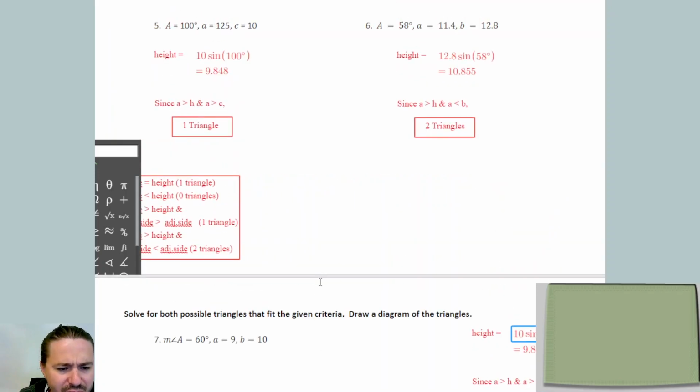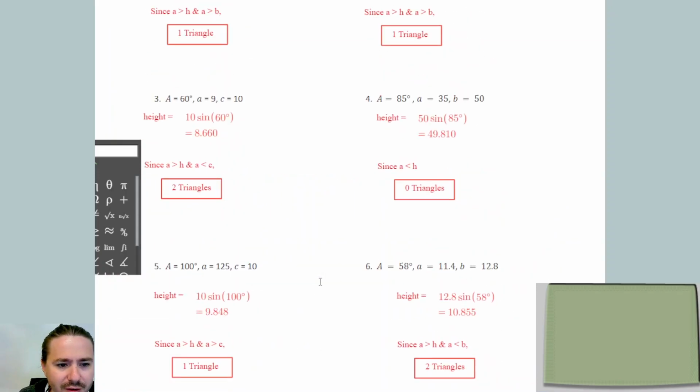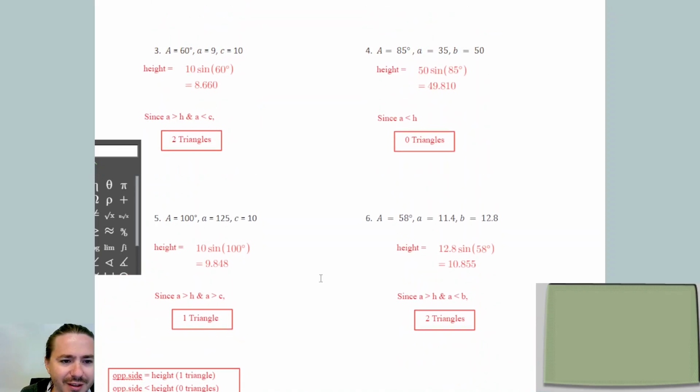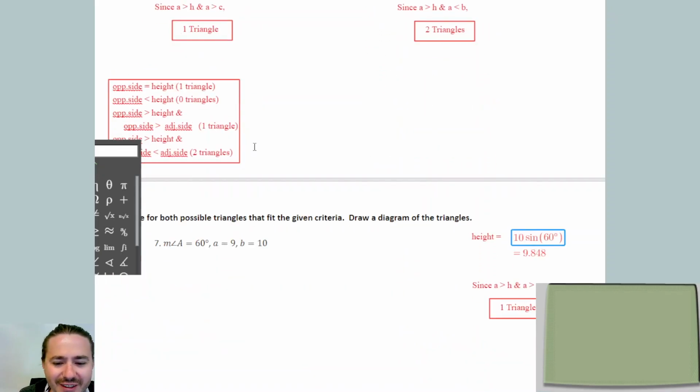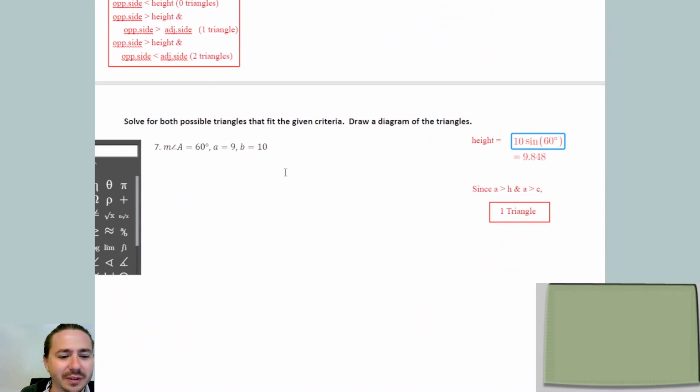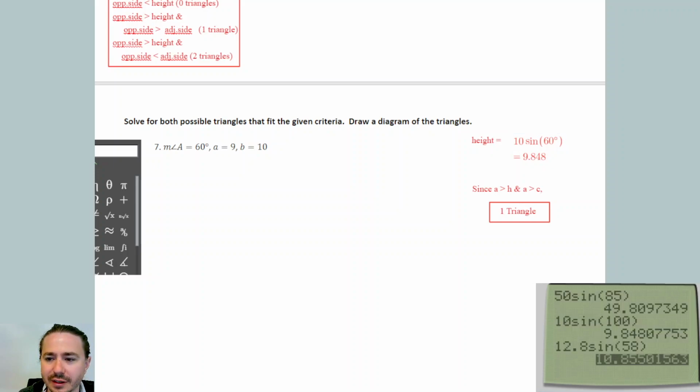Did we already do that one? It looks like we did. That's okay. We didn't actually solve the whole triangle, so I just recognized the 60 degrees. I'm pretty sure we already calculated that, didn't we? 10 sine 60 should be up here somewhere. Yeah, there we go.